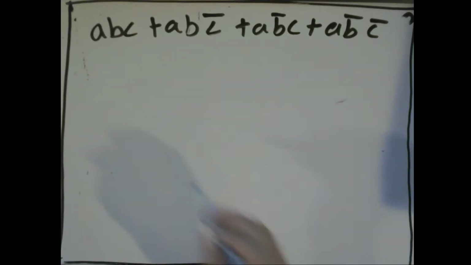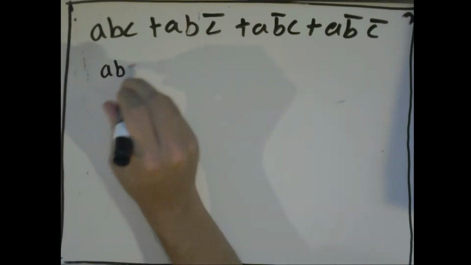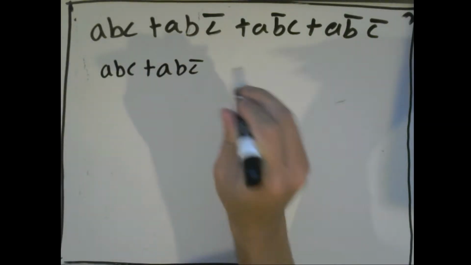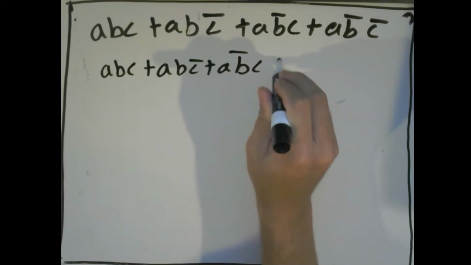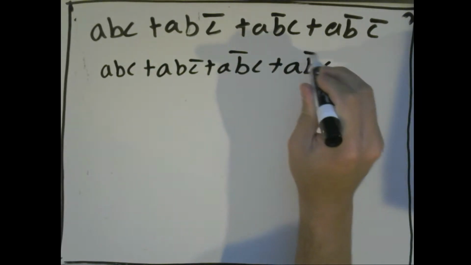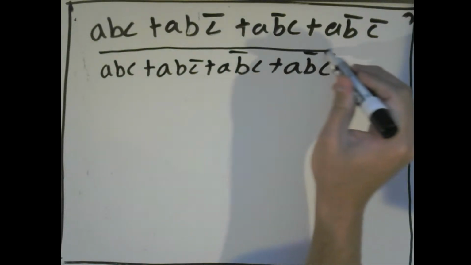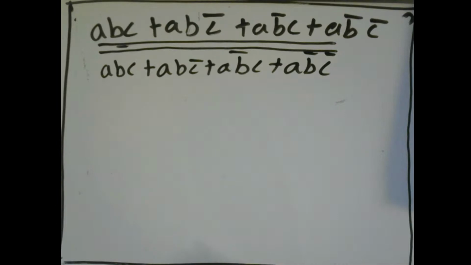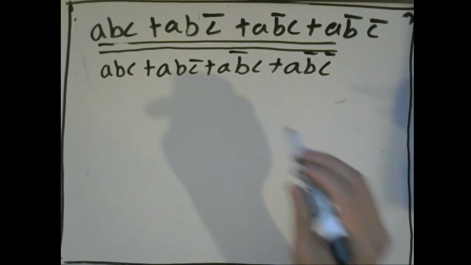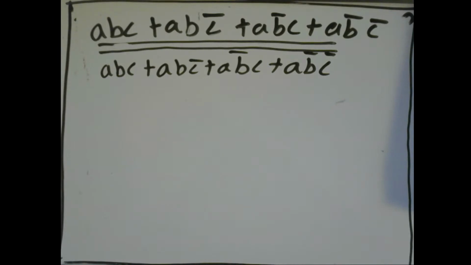And how we can do that is we can take the entire equation, C plus A, B, C naught, and we can double invert it. So we're going to put two invert lines on top of it. So we've done that step.